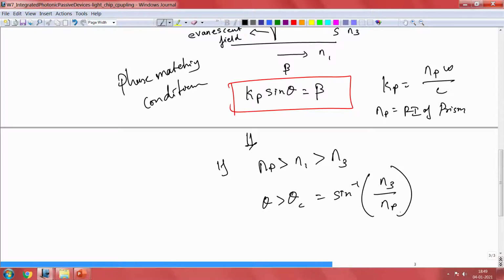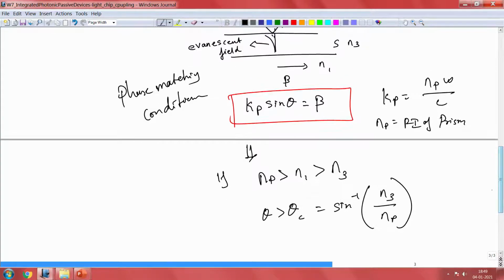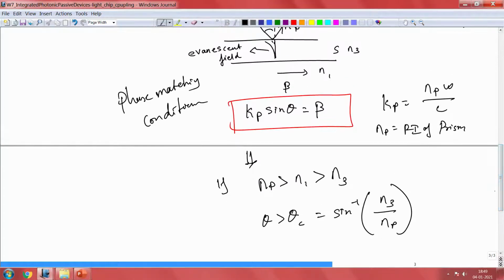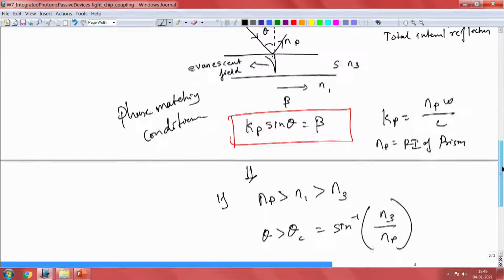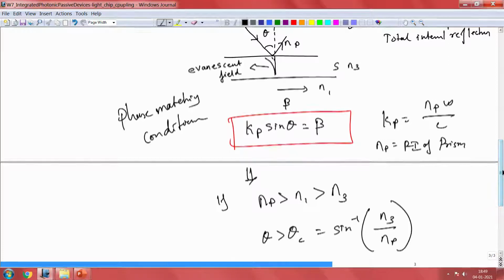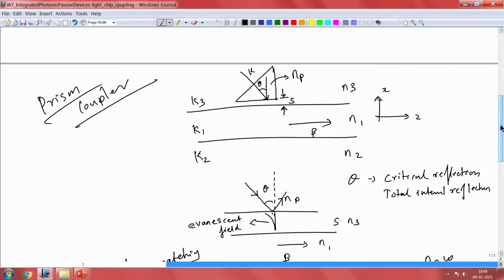So, by choosing the right refractive index of the prism, we should be able to couple the light into this thin slab waveguide by using this simple prism coupler approach. You can see here it is rather straightforward.